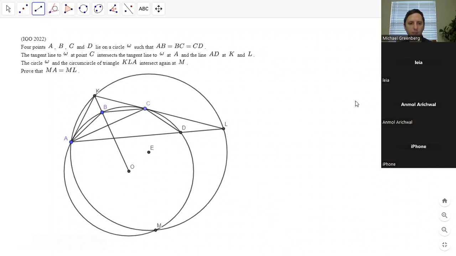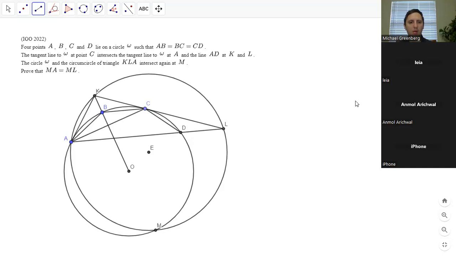According to a viewer, you can remove M from the problem by trying to prove that BD is parallel to KL. If BD and KL are parallel, then BDA is BMA and KLA is KMA, so K, B, M would be collinear.